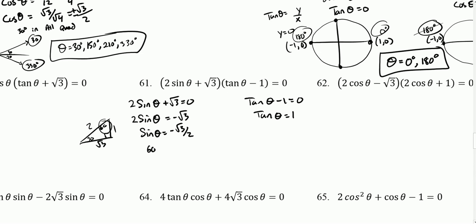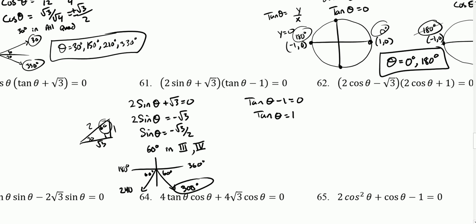So 60 degrees, negative, so we're looking at quadrants 3 and 4. So 60 degrees in quadrants 3 and 4. This is 180, 60, 60, 360. So we're pointing at 300 in quadrant 4 and at 240 in quadrant 3.